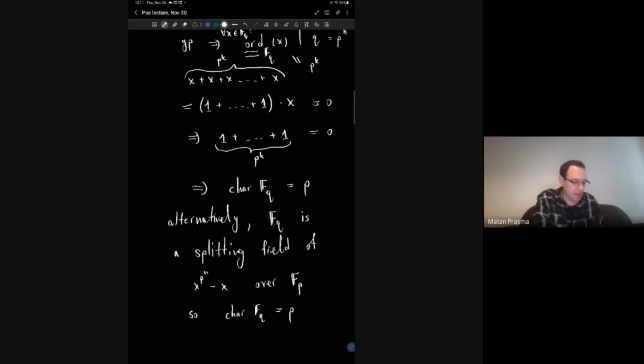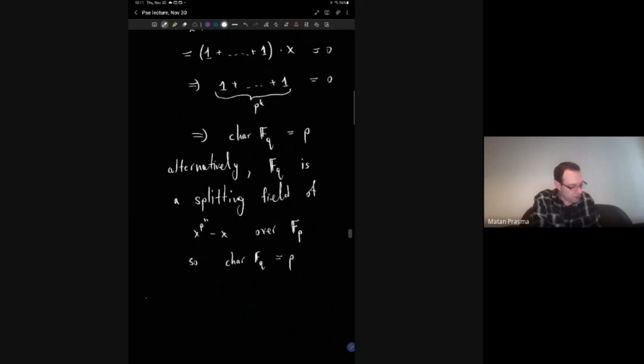And moreover, what we saw, it's essentially because of the uniqueness of splitting fields up to isomorphism.